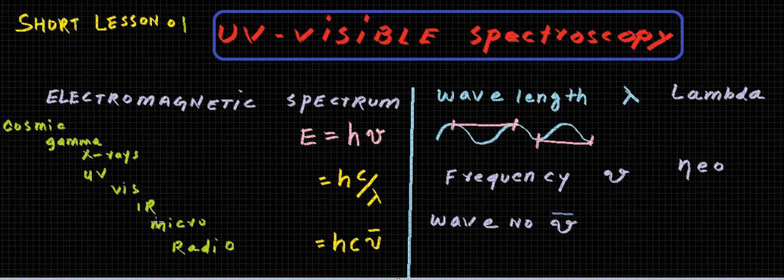There are some fundamental properties associated with electromagnetic radiations, and these are actually the wavelength, lambda, which is a distance between two consecutive troughs or crests of a wave.